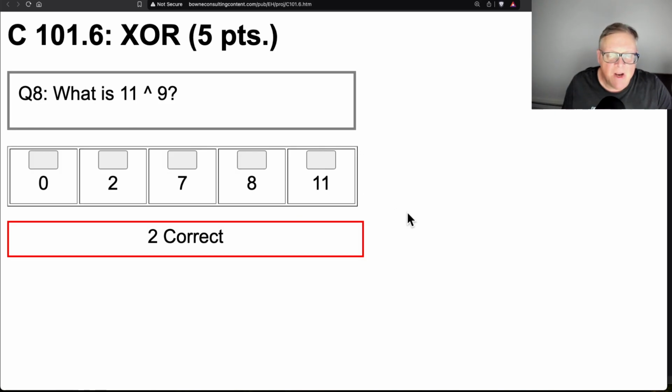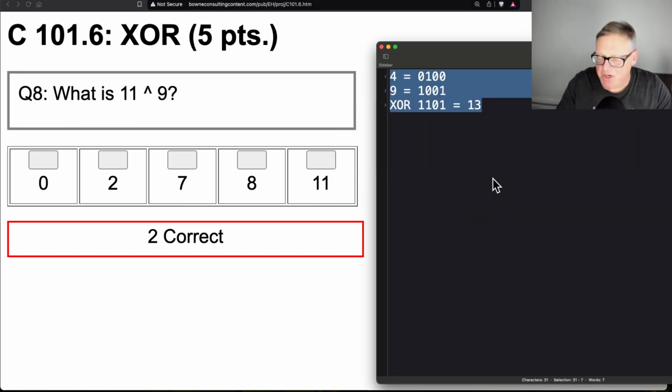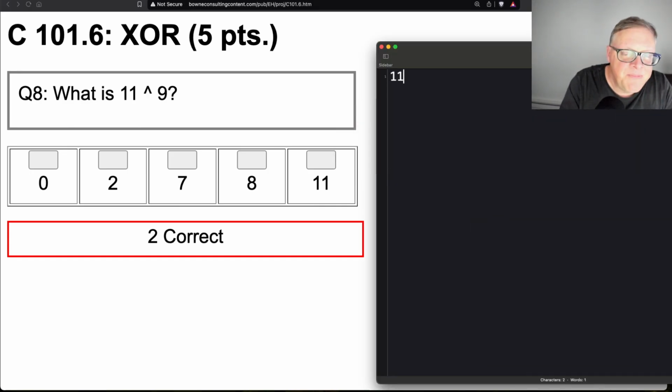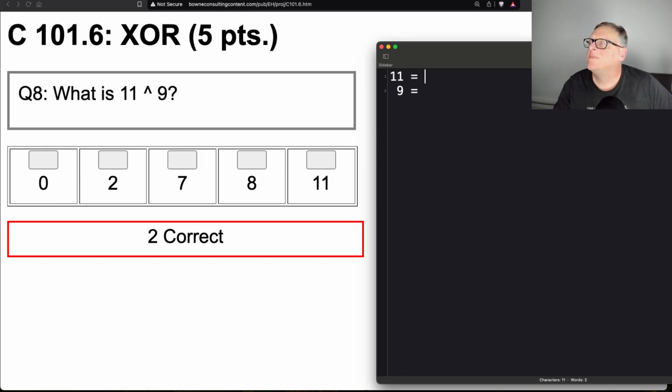Very good. Let's try another one since we're going ahead here. So 11 XOR 9. All right. So what's 11 in binary and 9 in binary? Yep, 11 is 1, 0, 1, 1, it is, and 9 is, I think we had 9 last time, so that should be pretty easy.